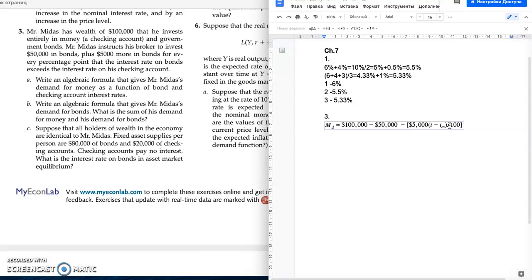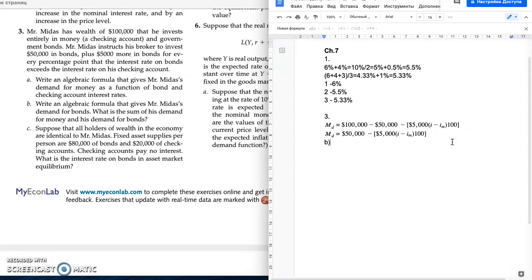Simplifying this expression, we get this equation, which is the answer for sub-question A of numerical problem number 3. Let's move on.